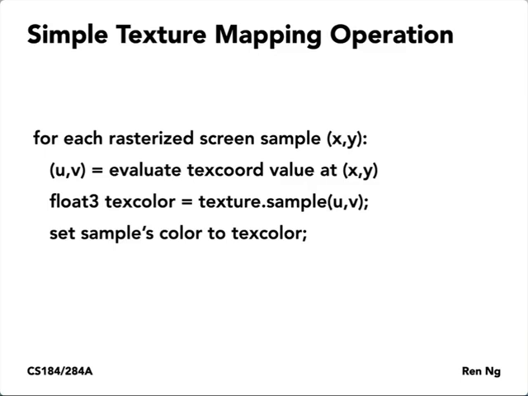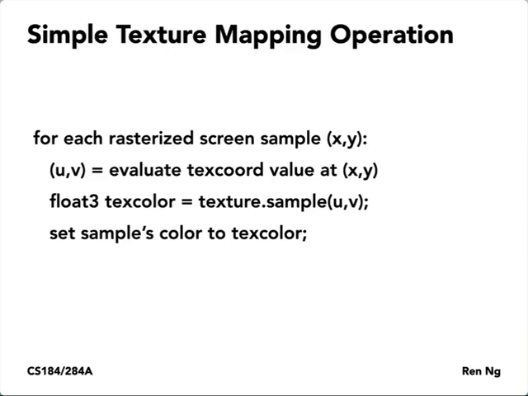That gives me the texture color. Then on the screen at sample XY, I set that sample's color to be the texture color, the value that I picked out of the image texture. This is just saying in pseudocode the picture that I showed almost at the beginning of this texture lecture.